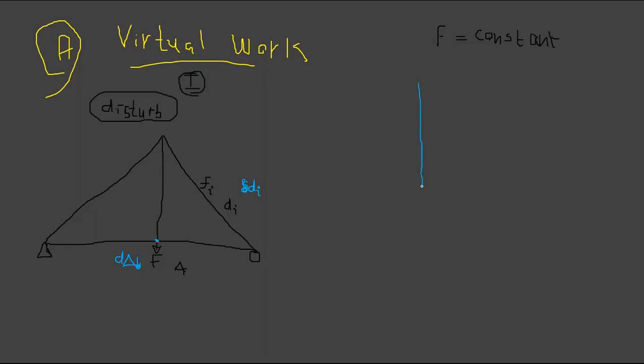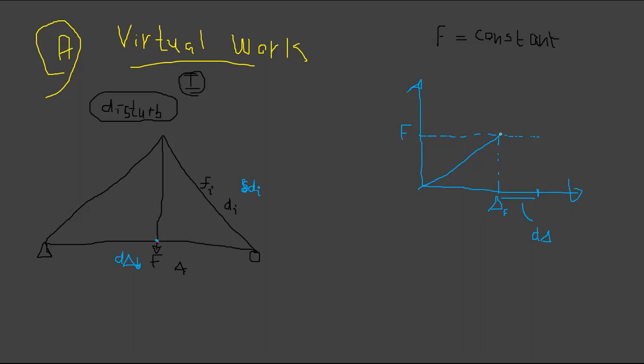If you draw the curve like this, this is your force F and deformation delta F. So you are giving an additional displacement of d delta, right? While keeping the force constant, right?